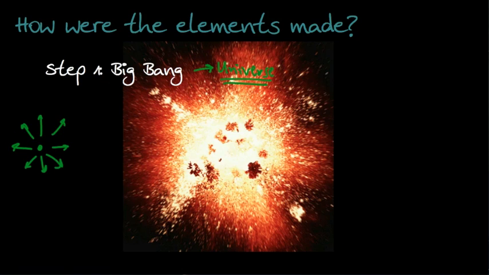But the key thing is this: the Big Bang made the hydrogen. So we think that this element H, hydrogen, was mainly made in the Big Bang. When the universe was first made, we think that it made the hydrogen, and actually a little bit of helium as well. But those are the current theories.